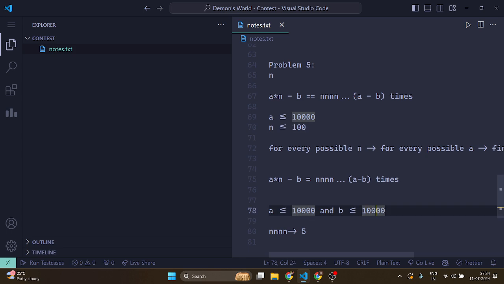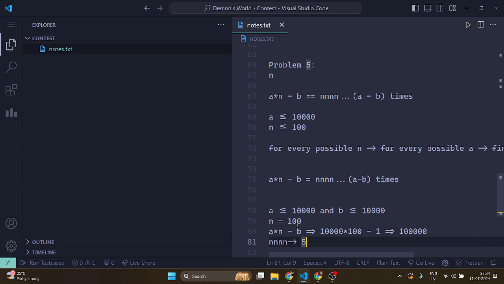If both the values are less than or equal to 10,000, and n is 100, then a times n minus b at worst case can be 10^4 into 100 minus 1, which is nearly 10^6.